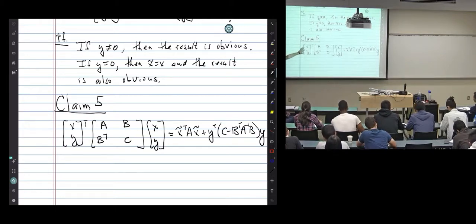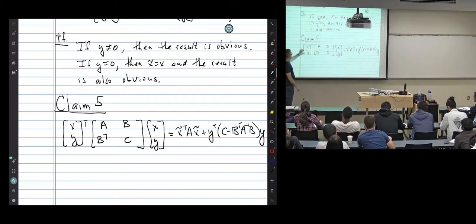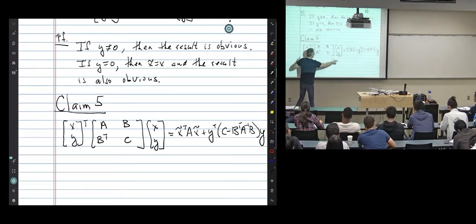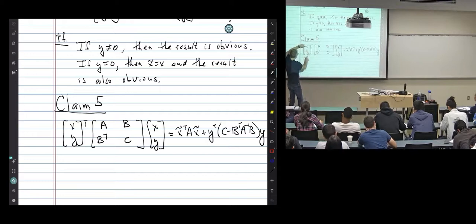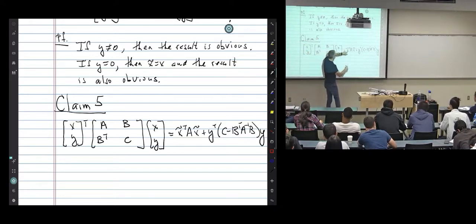Okay, so why is this claim the final coup de grace, okay? What is the definition of positive definite? Well, as long as this vector is non-zero, this quantity needs to be positive. We just checked by the previous claim, this vector is non-zero if and only if x tilde and y is not the zero vector, okay?